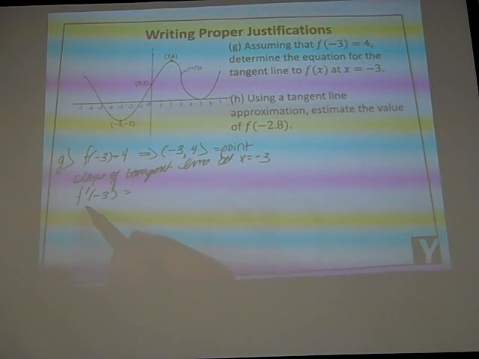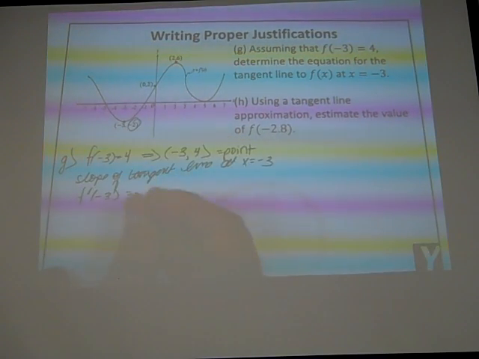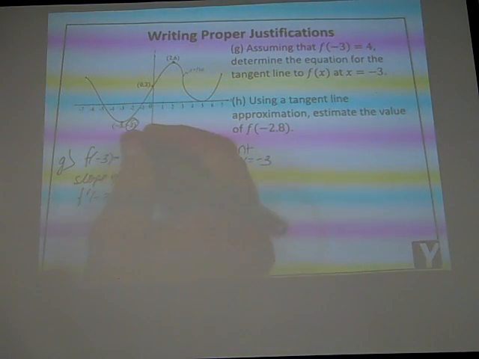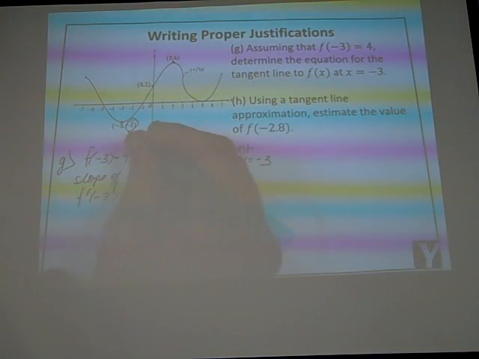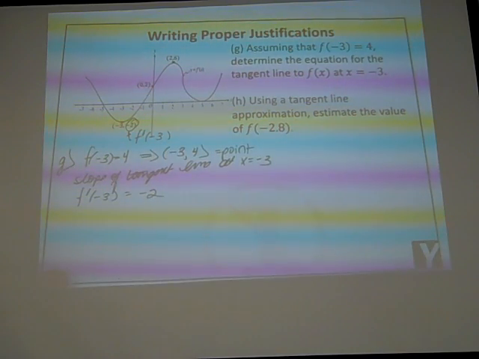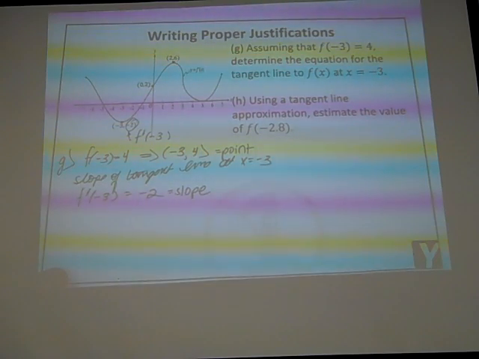Well, what is f prime of negative 3? F prime of negative 3 is negative 2. I get that from looking at this point and recognizing that the y value here is what f prime is at negative 3. So this is my slope.